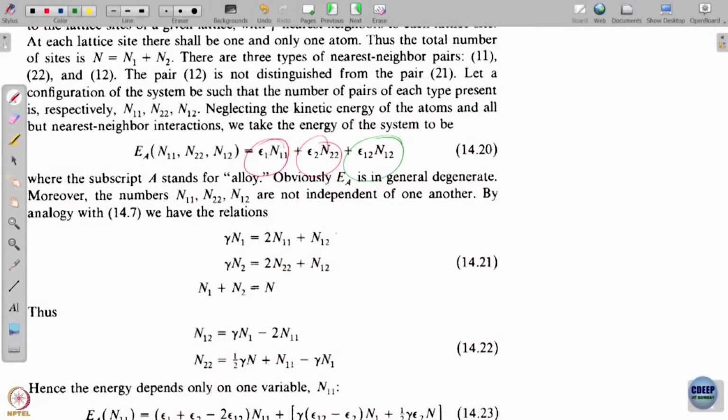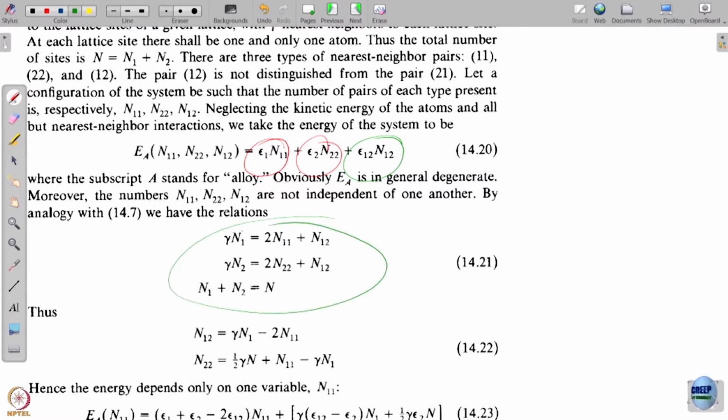So, now I have exactly the same conservation rules. I start with these three numbers n11, n22 and n12, and then I have the same conditions as before.